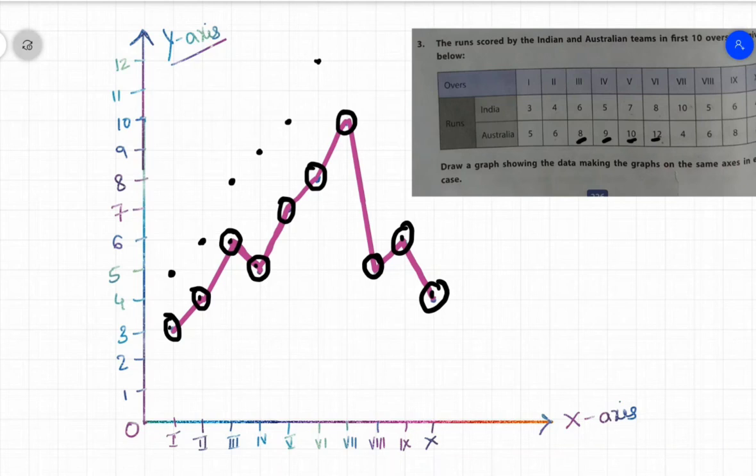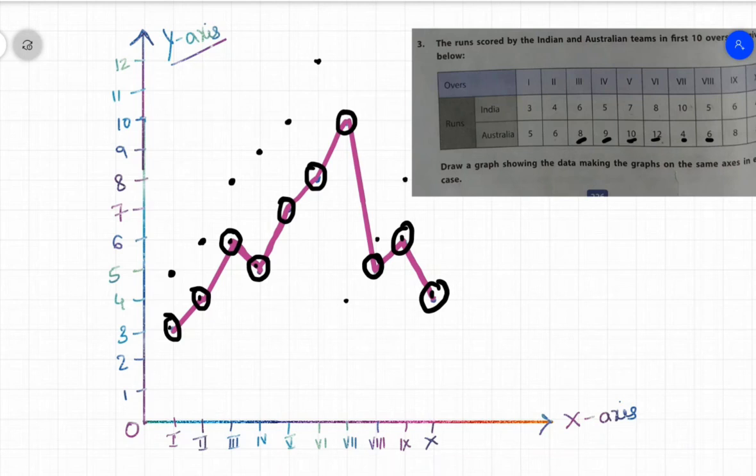Now seventh over you come to 4. It is coming here. Okay. Eighth over it is again 6. Eighth over you go to 6. It is coming this way. Okay. Ninth over it is 8.